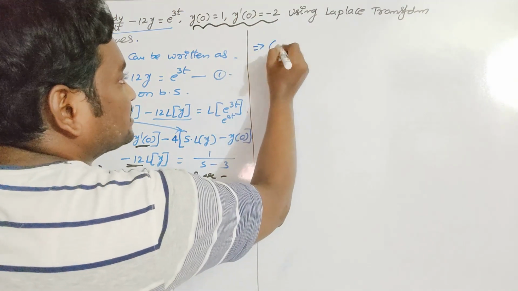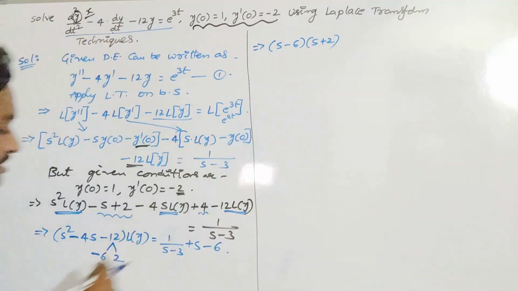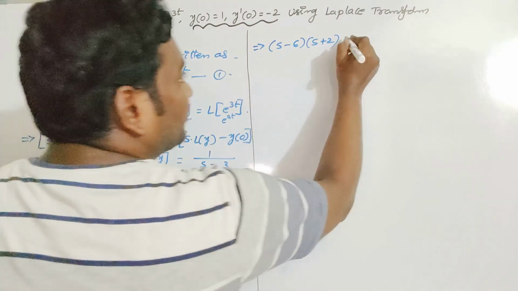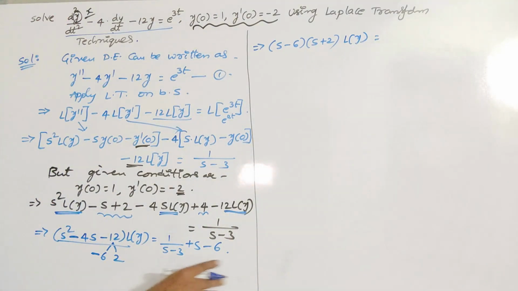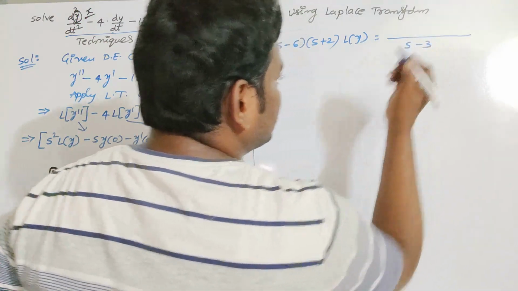I will write these terms as s minus 6 into s plus 2. These are the factors. This is your quadratic term. Surely it has two linear factors. Okay, into L of y is equal to, take the LCM on the right side. What is the LCM? s minus 3 is the LCM.